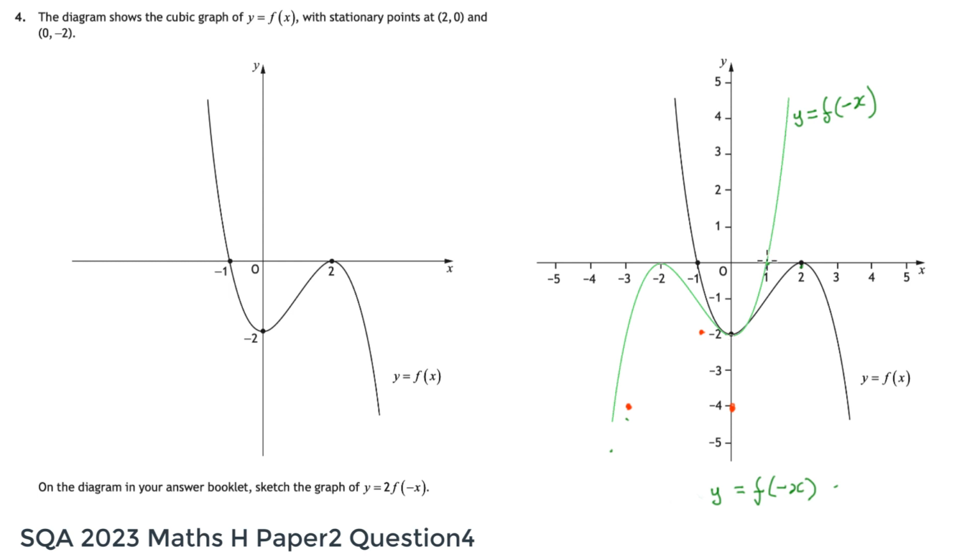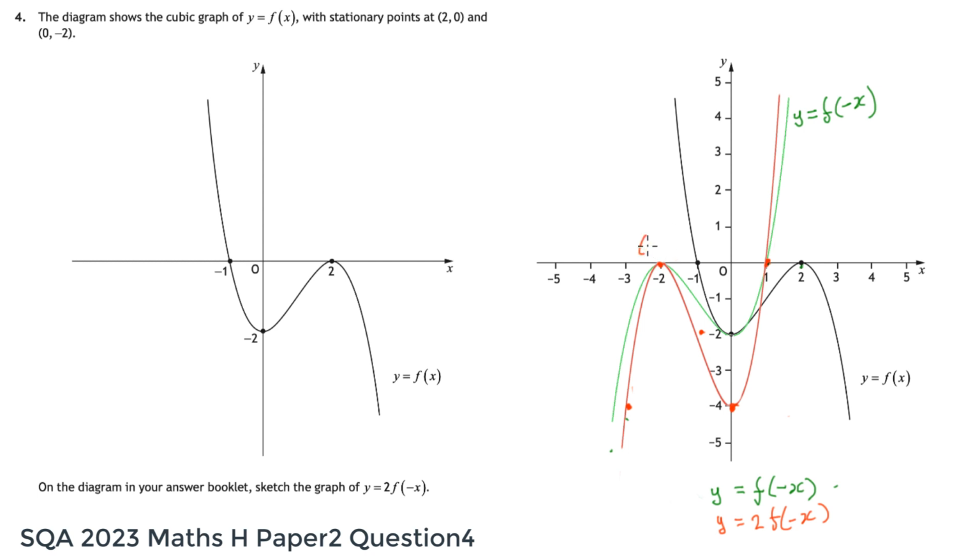Now it will not affect points on the x-axis. That height is 0, double 0, it's still 0. That height is 0, double 0 is still 0. So these points will still appear on the graph of y equals 2 f of negative x. So stretching the green graph by a factor of 2 in the y-axis direction, and there's the graph that is produced.